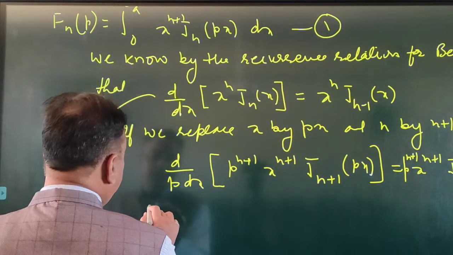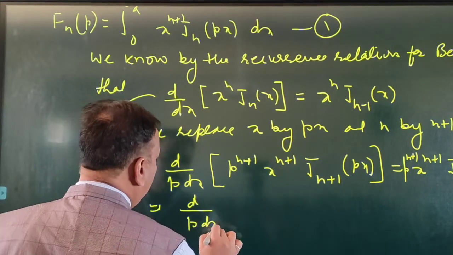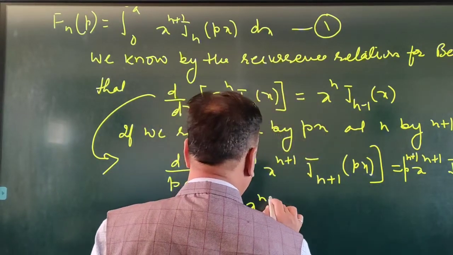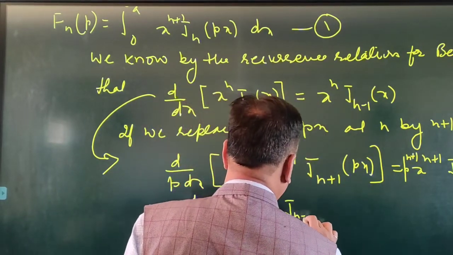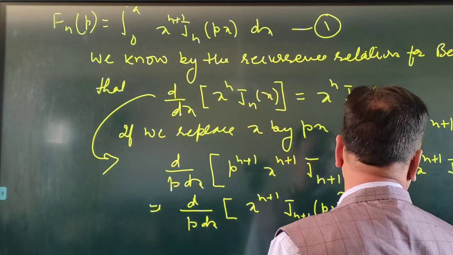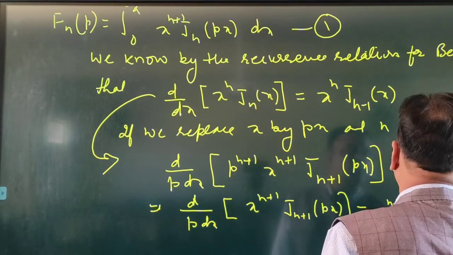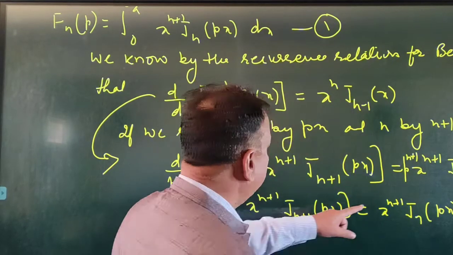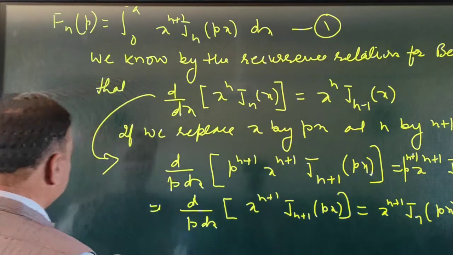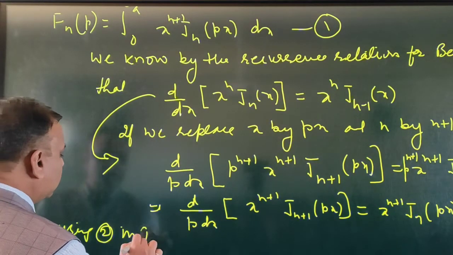So we remain with 1 upon p, d by dx of x raised to n plus 1 J_(n plus 1)(px), both sides p raised to n plus 1 cancelled, and this is equal to x raised to n plus 1 J_n(px), equation number 2. So putting the value of x raised to n plus 1 J_n(px) from equation second into equation first.